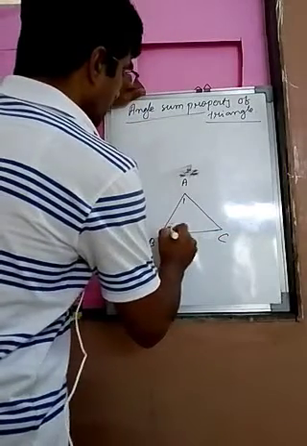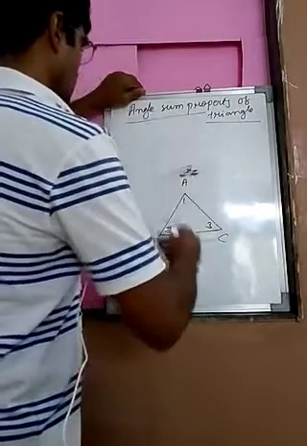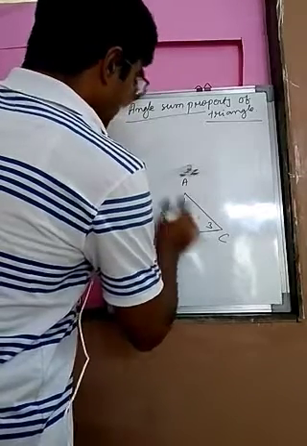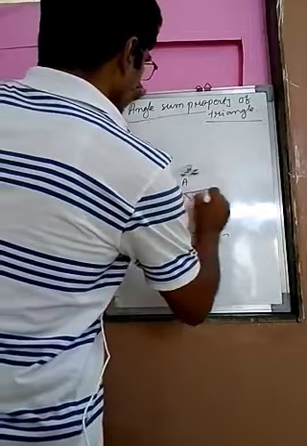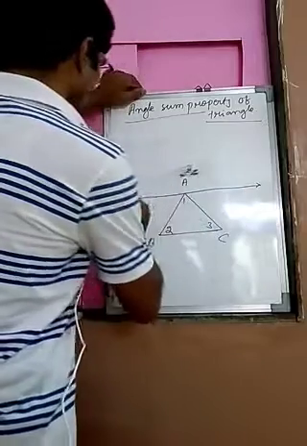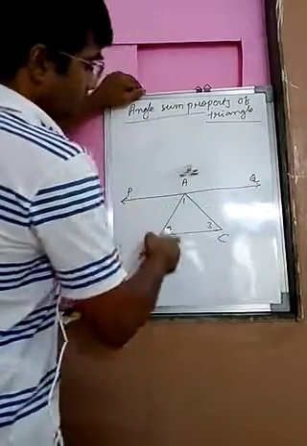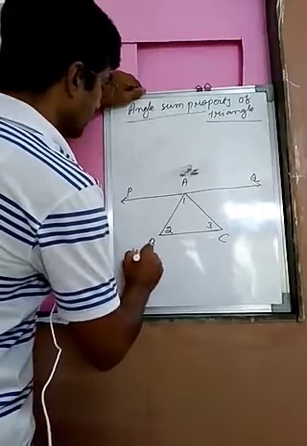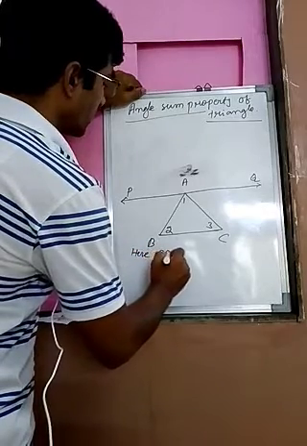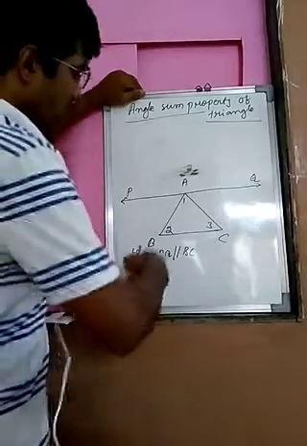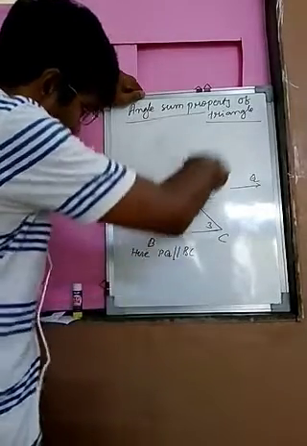Interior angles are 1, 2 and 3. Now by making a line parallel to BC, another line can be drawn here at the point A. Let's take P and Q as the line parallel to BC. So we can write line PQ parallel to line segment BC.